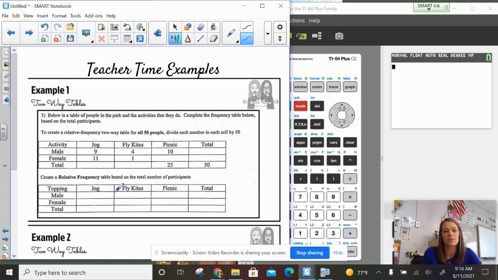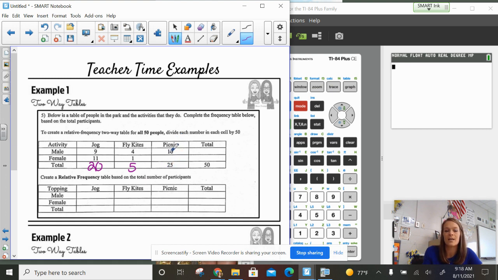So the first thing we want to do is finish filling in these numbers. To find the total number of people that have jogging, you will just add the columns. So 9 plus 11 would be 20. Flying kites, my total number of people flying kites would be 5. And then my total here for picnic is 25.